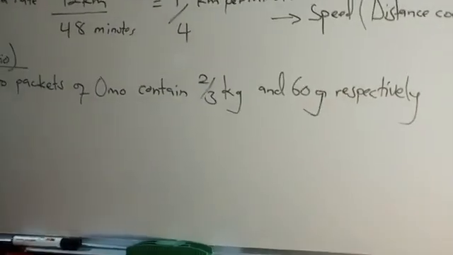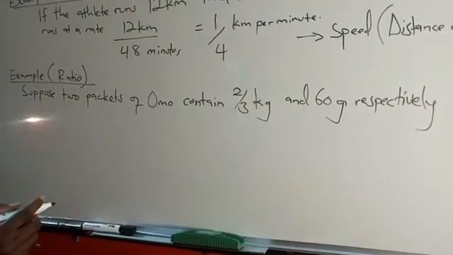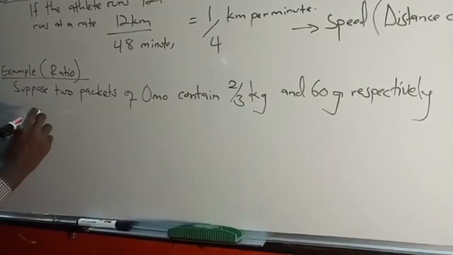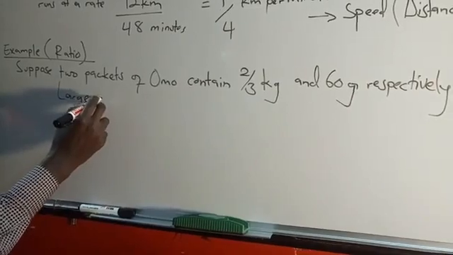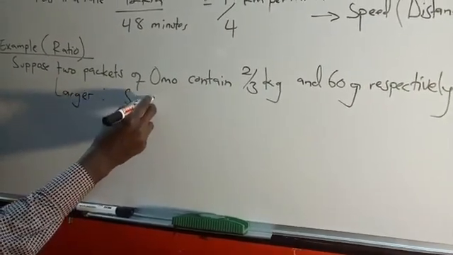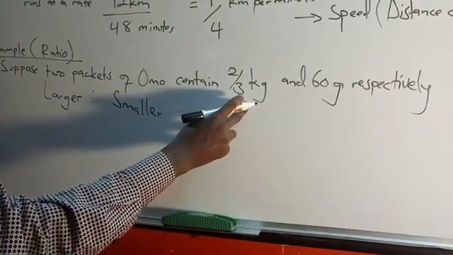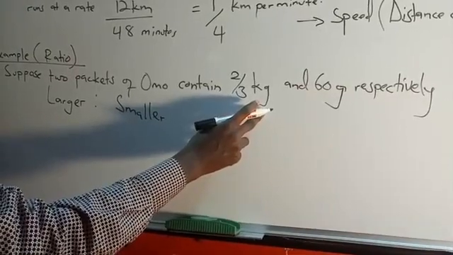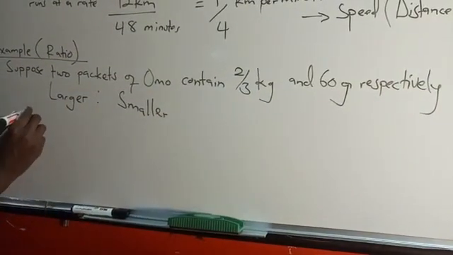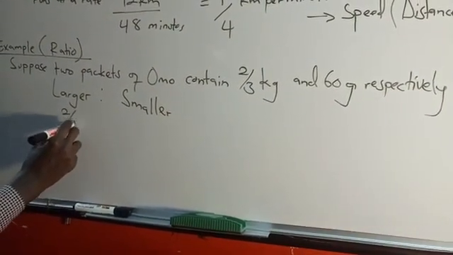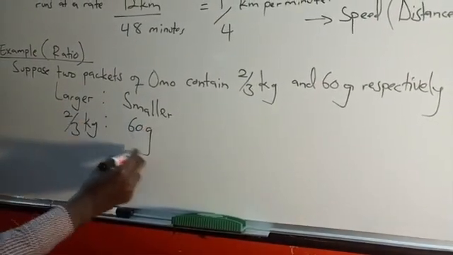The ratio of these two packets will be larger to smaller, meaning that a kilogram is larger than grams, so 2/3 kilograms to 60 grams.